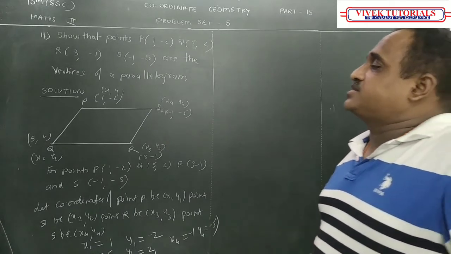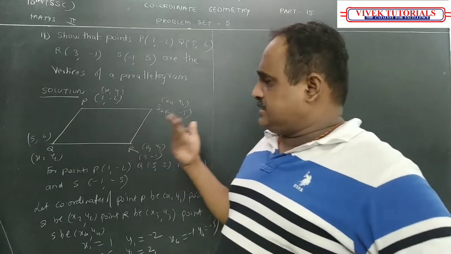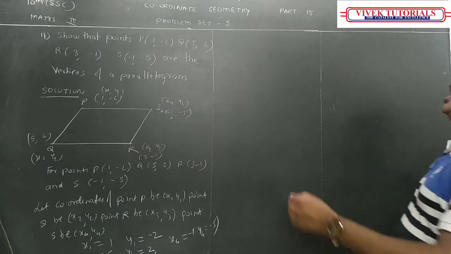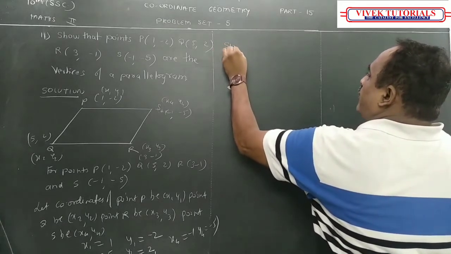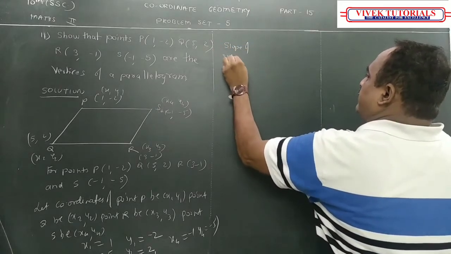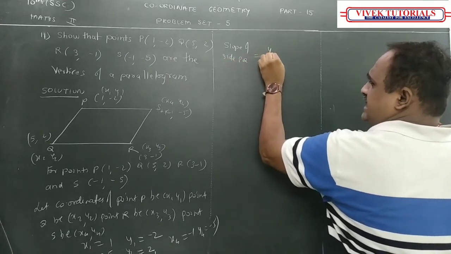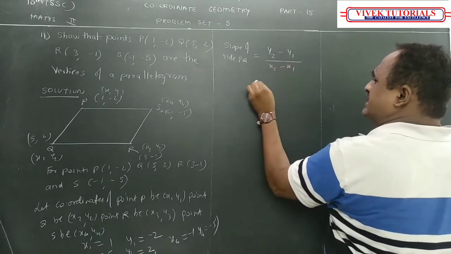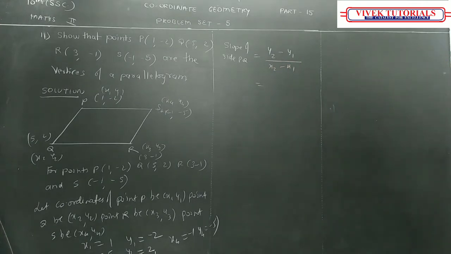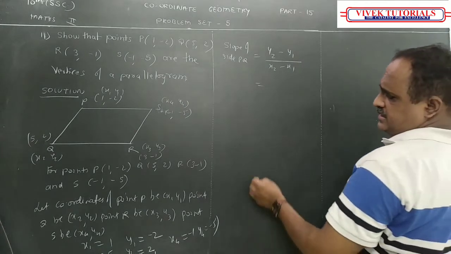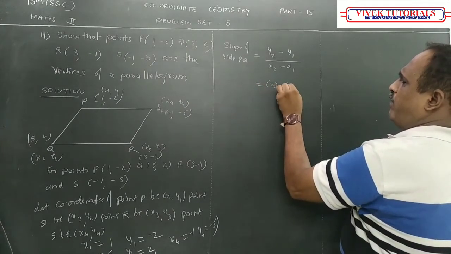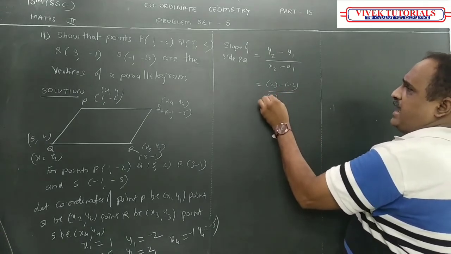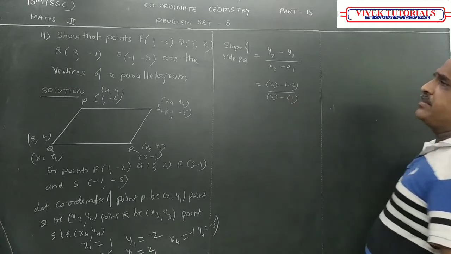We have to find out by distance formula. We can find out the length of all the sides. We'll get the answer. और मुझे लगता है slope से भी हमें आंसर मिलेगा. So slope of side PQ is equal to y2 minus y1 upon x2 minus x1. y2 is nothing but 2 minus minus 2, and x2 is 5 minus 1.